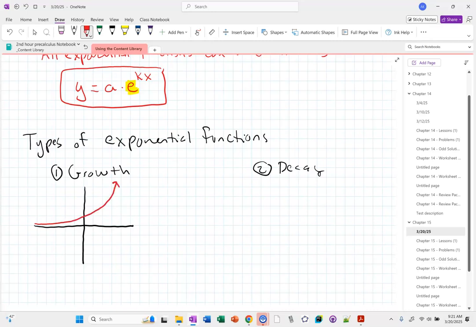Exponential growth is going to look like this, or like that, where it's increasing from left to right. Everybody's okay with that?